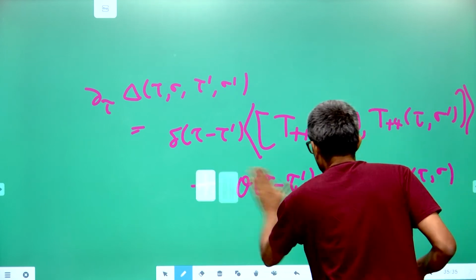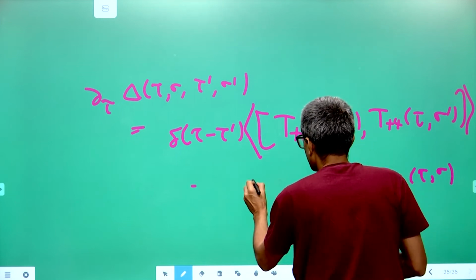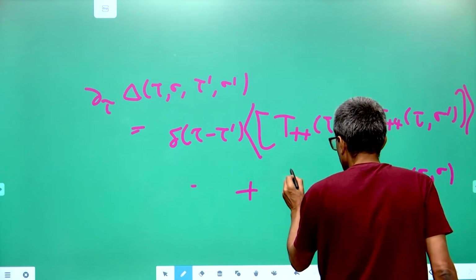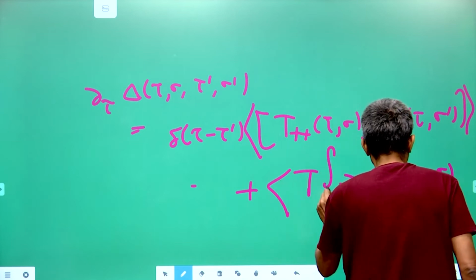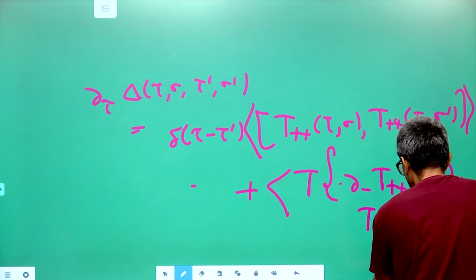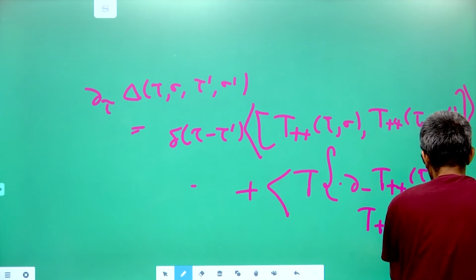So likewise for the other theta function, it will be simply the vacuum expected value of the time ordered version of this multiplied by T plus plus at tau sigma dash.